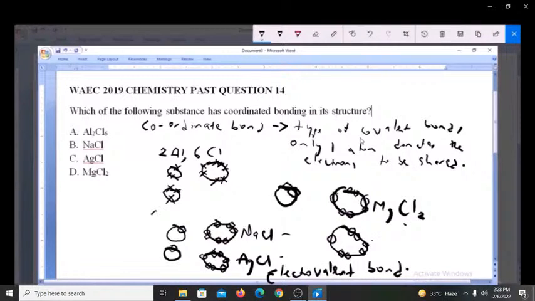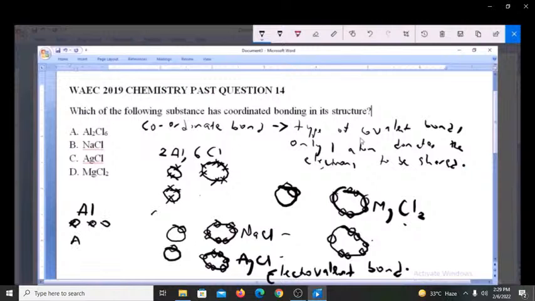Now, the only one which is not an electrovalent bond is option A, which is aluminium chloride. In the aluminium chloride structure, the 2 aluminium atoms each share electrons with the 6 chlorine atoms, forming the product. For example, each aluminium atom has 3 valence electrons, 1, 2, 3.